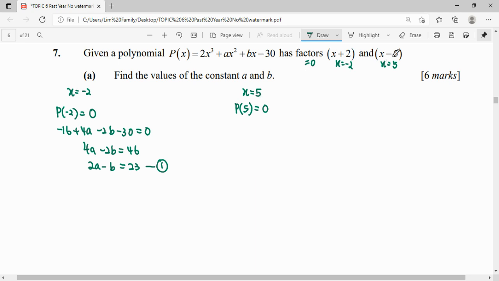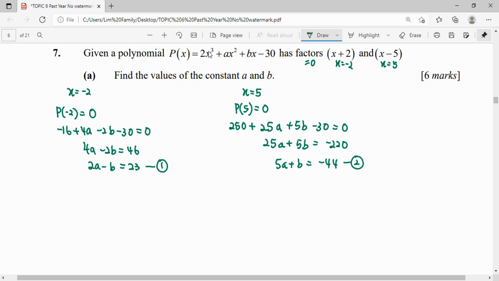Then we continue for the second piece of information here, also a factor, so we will substitute 5 here. So that will be our second equation.